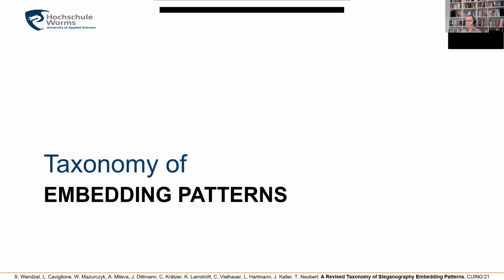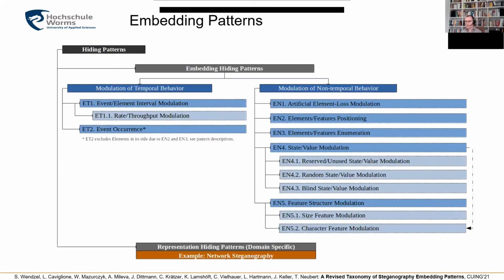All right, so the major contribution here so far is the embedding taxonomy. The representation patterns are in this paper only exemplified for the network steganography domain, and follow-up work will extend this to more domains. However, let's look at the embedding patterns. So we differentiated between temporal and non-temporal behavior here.